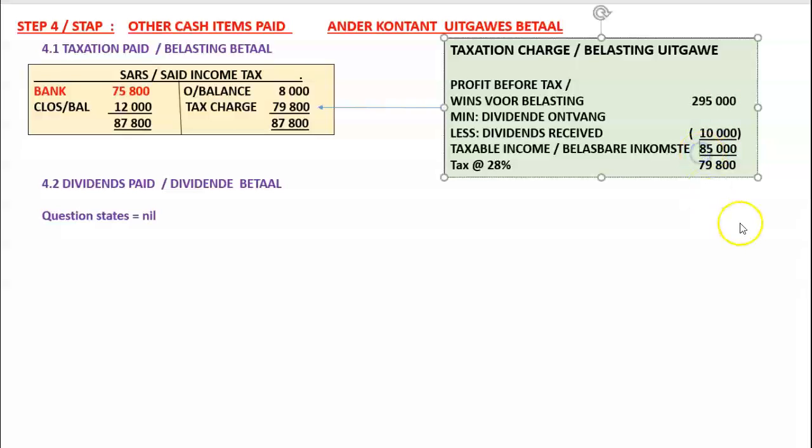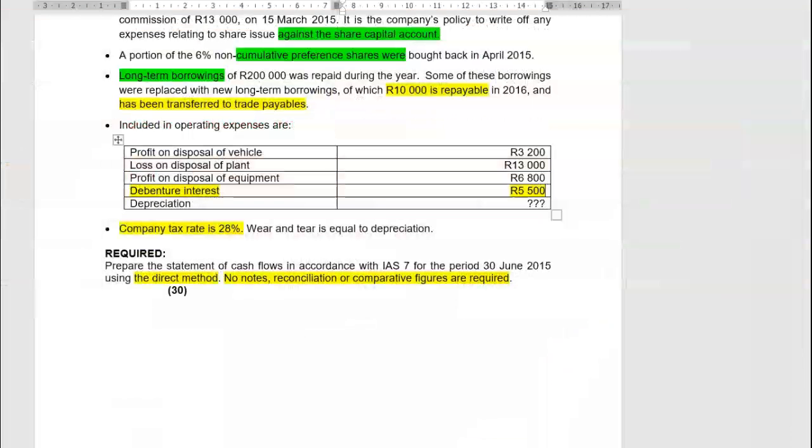So our taxable income was 285,000 Rand. 285,000 Rand multiplied by 28% will give us our tax charge for the year, which was 79,800 Rand. And there's our tax charge, 79,800. So now by balancing off this account, we will see that we have paid the receiver of revenue 75,800 Rand.